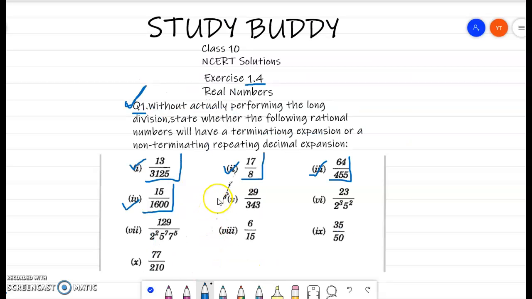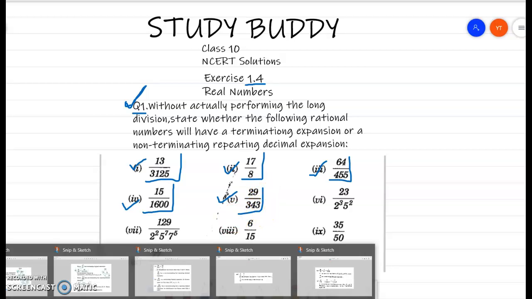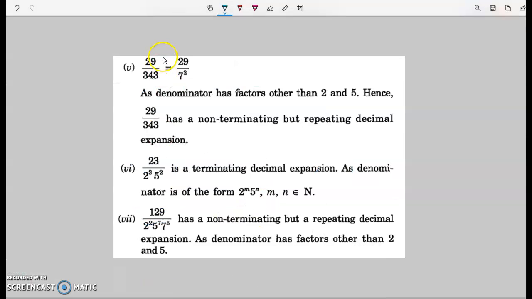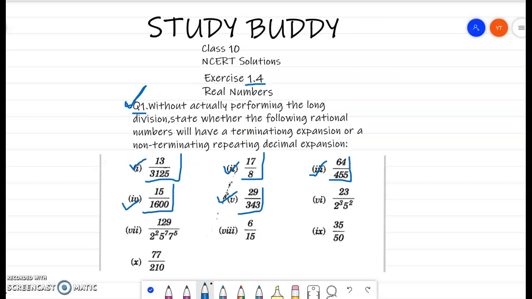Going on with the fifth question, that is 29 by 343. As you all know, 343 can be written as 7 cube, that is 29 by 7 cube is the next step. As the denominator has factors other than 2 and 5, therefore 29 by 343 has non-terminating but repeating decimal expansion.